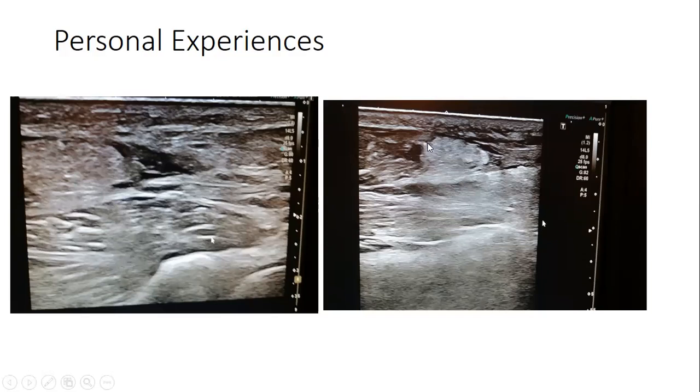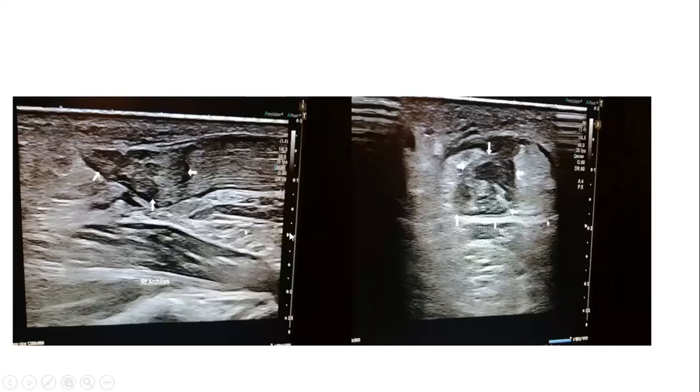Maybe when we discuss these images later, somebody can review and tell us if that's not a hematoma, but I suspect I had developed a hematoma here. So this is the site of the rupture on the right Achilles. This is the longitudinal view, and this is the transverse view.